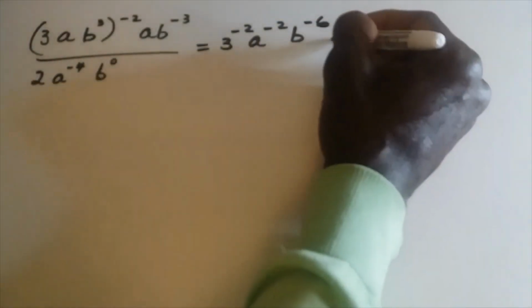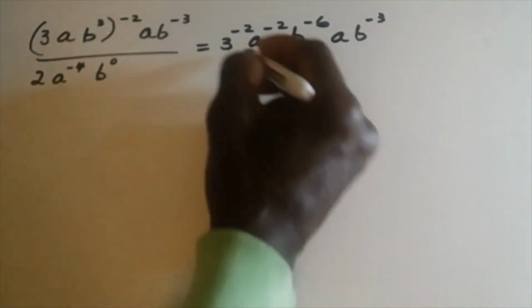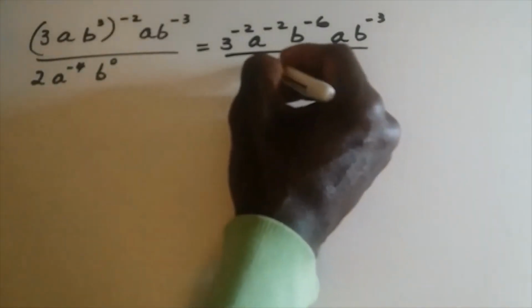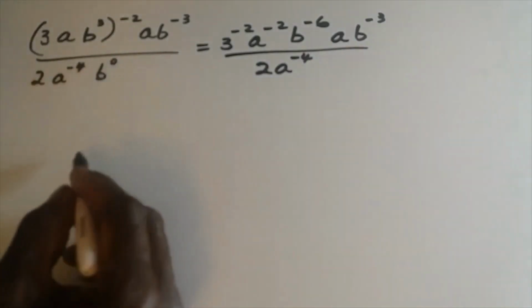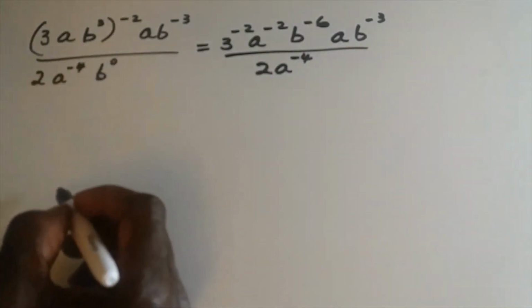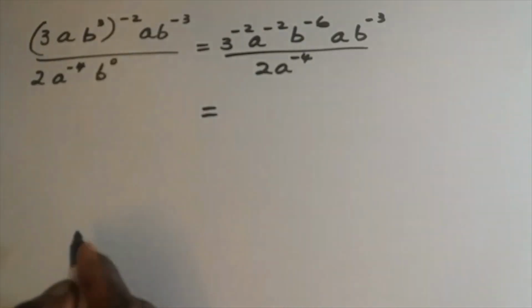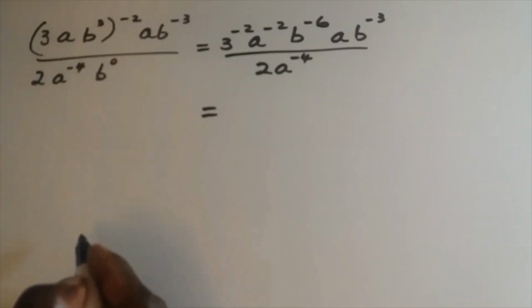And we have this as it is. And 2a to the minus 4 in the denominator. b to the 0 is 1, so we're still left with 2a to the minus 4. Now we'll group like terms and then simplify.